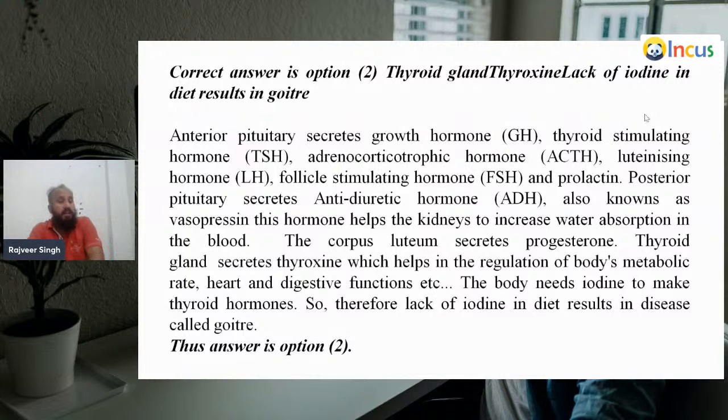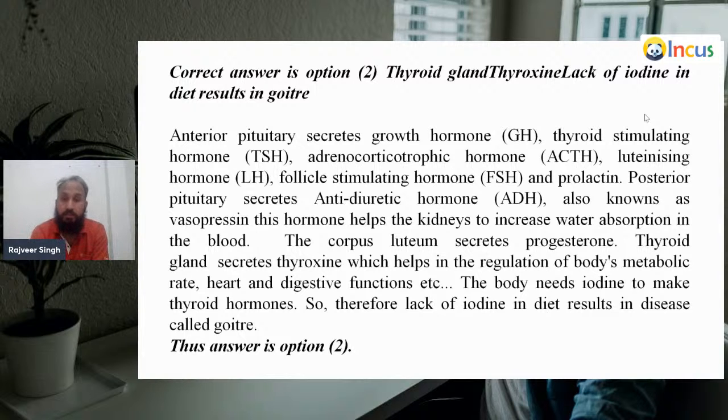Here I would like to say that the anterior pituitary secretes growth hormone GH, thyroid stimulating hormone TSH, adrenocorticotropic hormone ACTH, luteinizing hormone LH, FSH, and prolactin. The posterior pituitary secretes antidiuretic hormone ADH, also known as vasopressin. This hormone helps the kidney to increase water absorption into the blood.